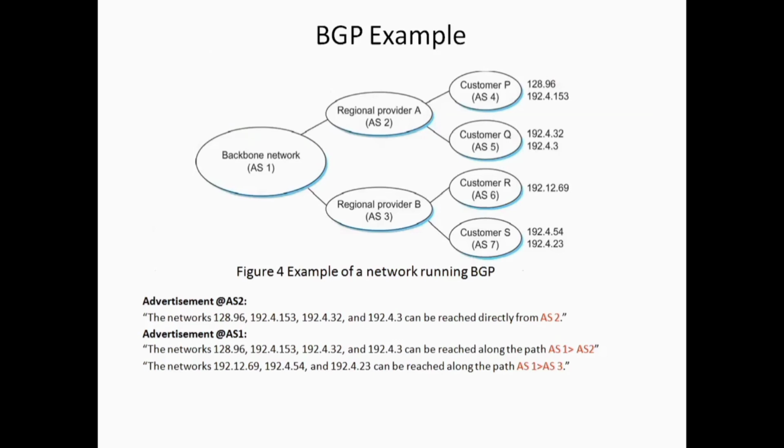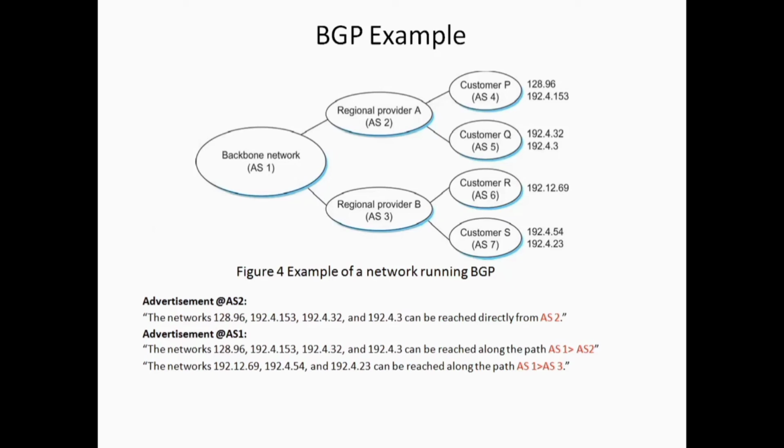To see how this works, consider the very simple example network in figure 4. Assume that the providers are transit networks while the customer networks are stubs.